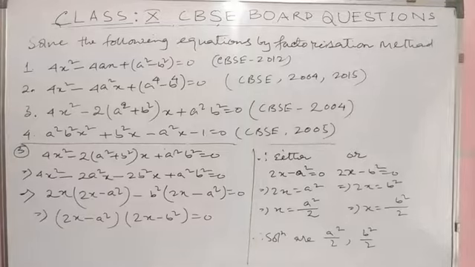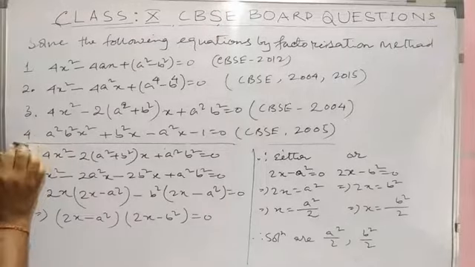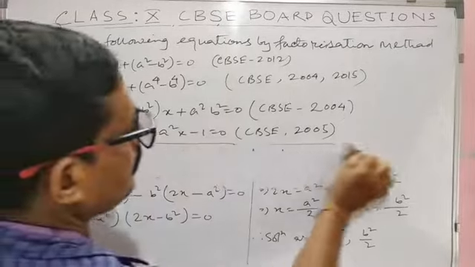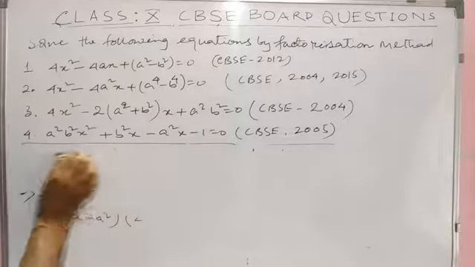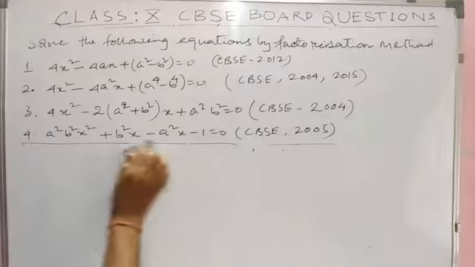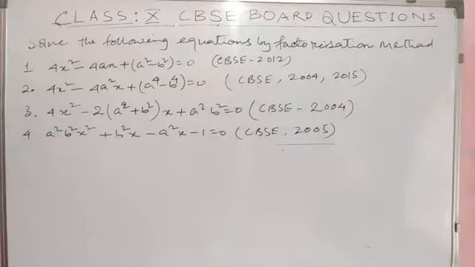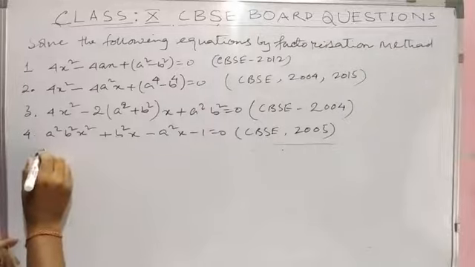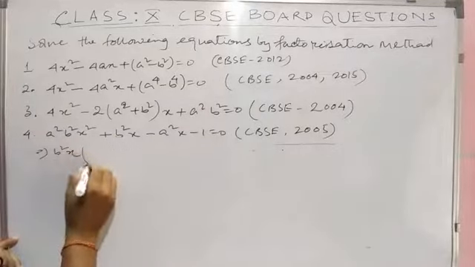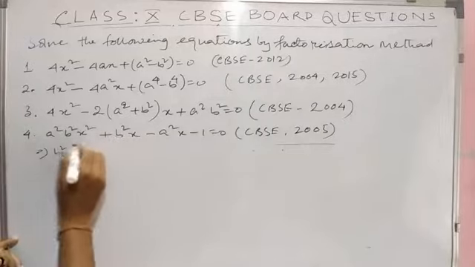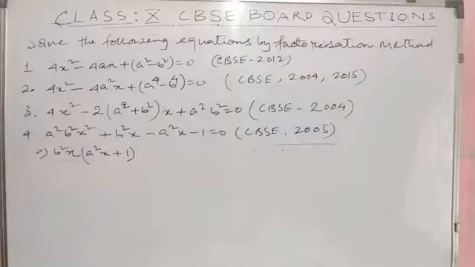Now you see question number 4. You can use it directly here. It is very simple. Take b²x common between these two, so here will remain a²x, and here will remain plus 1.